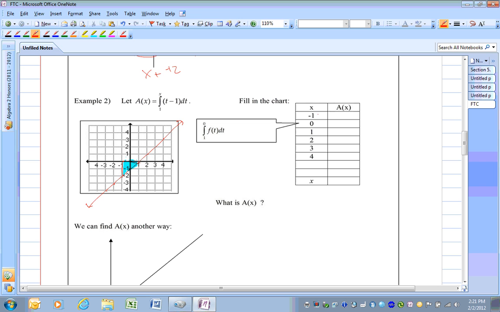Oh wait, you're right, sorry. It is 2. I thought you forgot to take half. Yeah, it is 2, because you have 2 times 2, but you got to take half of that, so it's 2. Okay, what if I change this up and do this, what would that area be? Half, right?